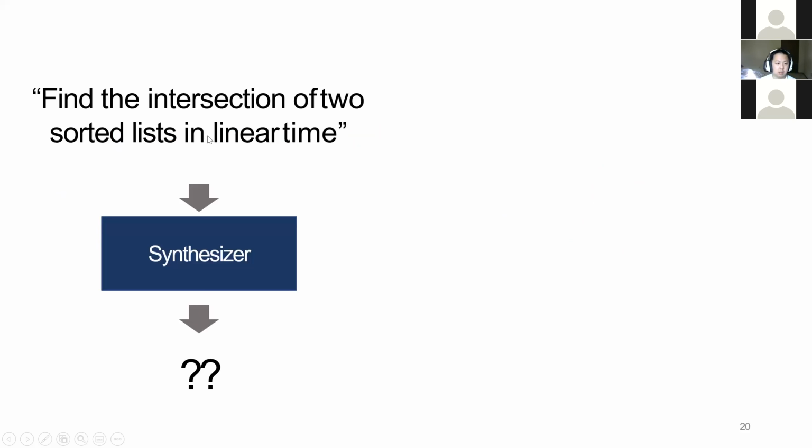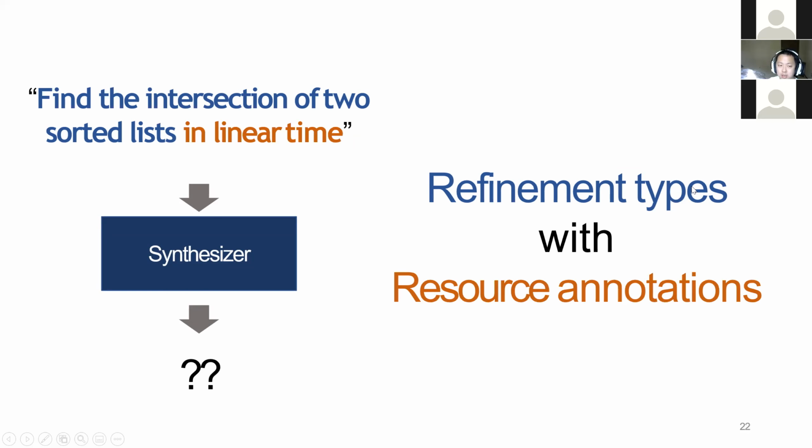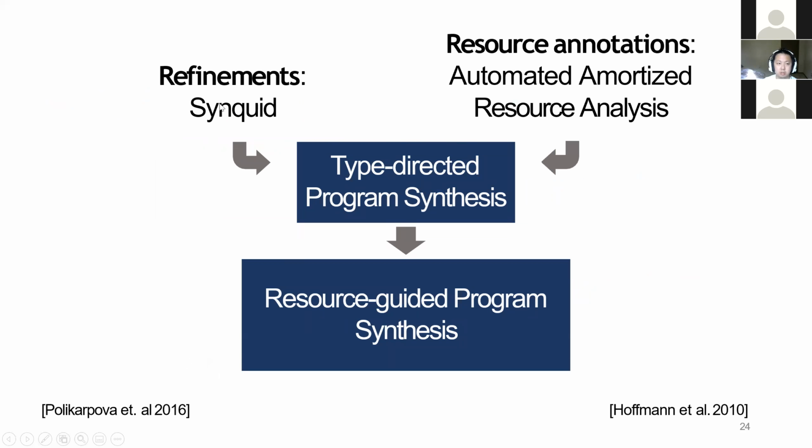First, how can we describe the correctness specification? We talked about this in the first example, we can use refinement types. And for the resource bound, we can use resource annotations. The refinement type synthesis and the resource annotations are both previous works.